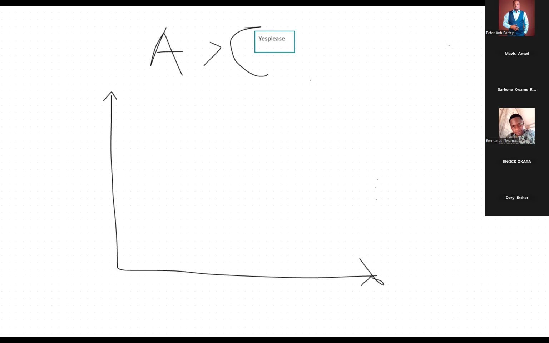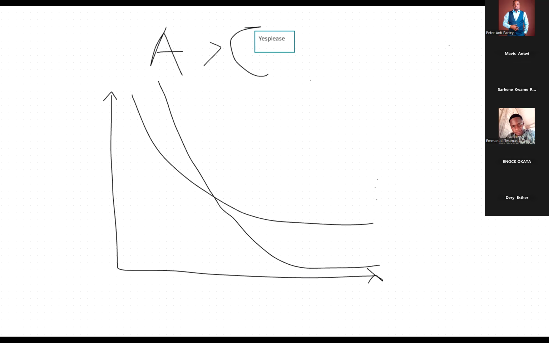If two indifference curves ever cross, it means that they have violated the assumption of transitivity. So we will have this indifference curve. It should never happen that we will have another indifference curve that looks like this. So the law of transitivity enables us to have indifference curves not crossing.